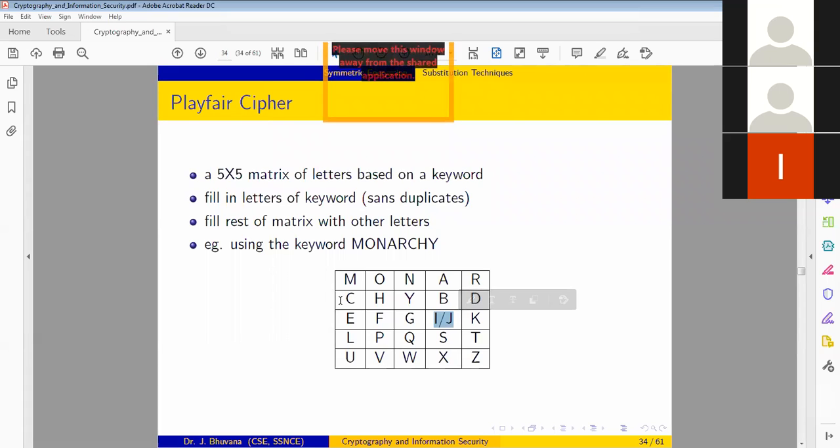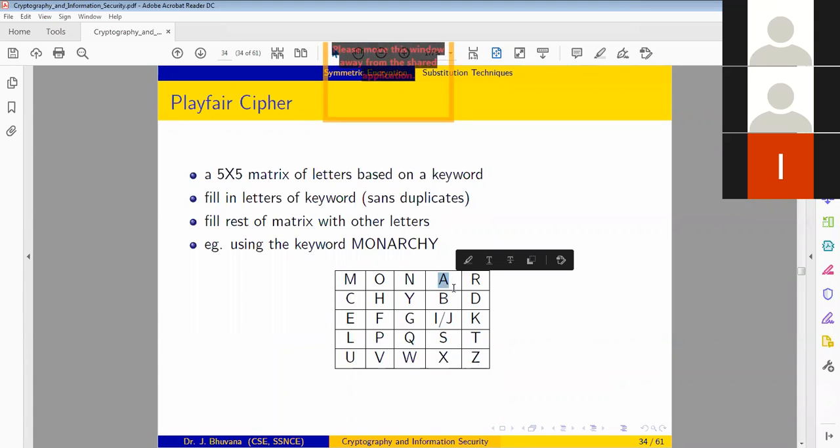So if MONARCHY is the key I'm going to use for the encryption method, I'm just going to fill in the letters of MONARCHY in this matrix. None of the letters in MONARCHY are repeating, and I need to make sure that no letters are repeating in this matrix called the Playfair matrix. So I first fill in the letters of the key, and after that the rest of the places are filled with the rest of the letters of the alphabet.